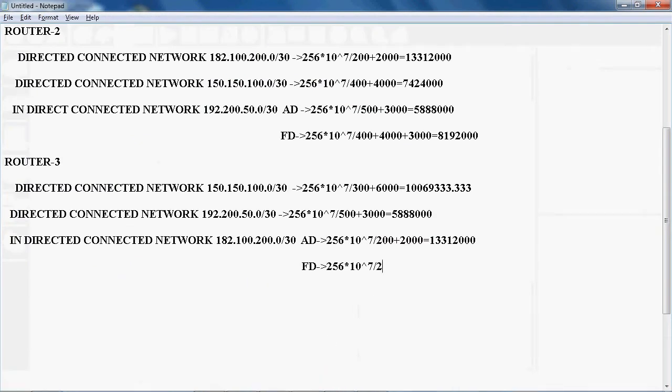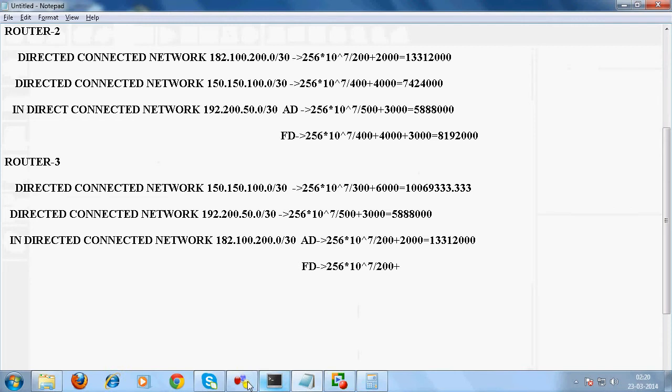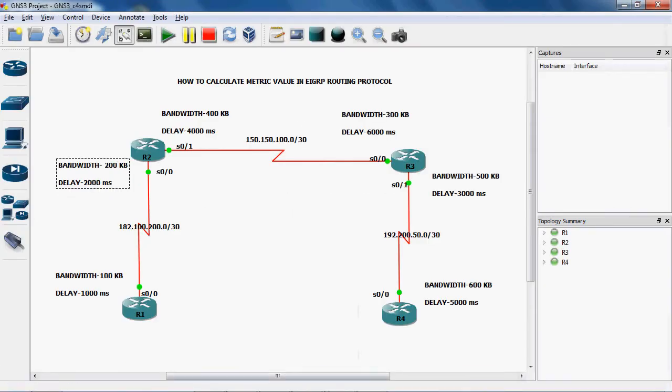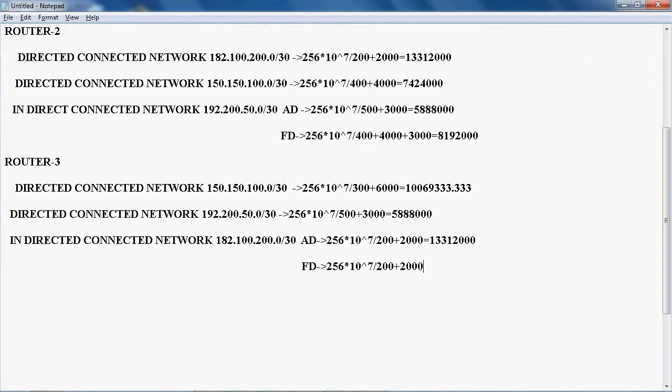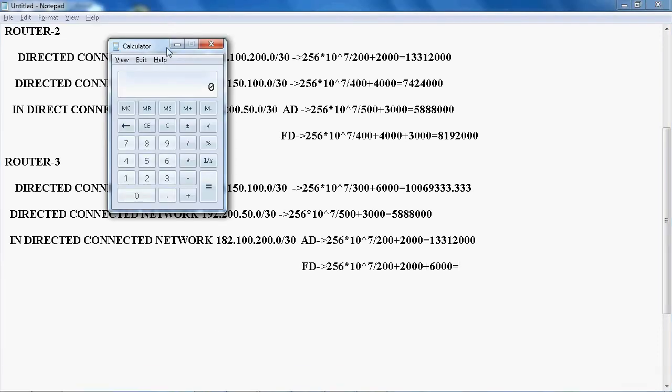So 200 plus the delay values 2000 and 6000, so 2000 plus 6000, so using the calculator we can find out. 10 power 7 divided by 200 plus 2000 plus 6000 into 256.